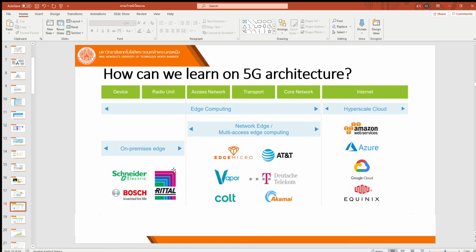If we have a device, a radio unit, an access network, transport, a core network, and the internet, and we can define software to operate with every device, we can build a 5G simulation model.